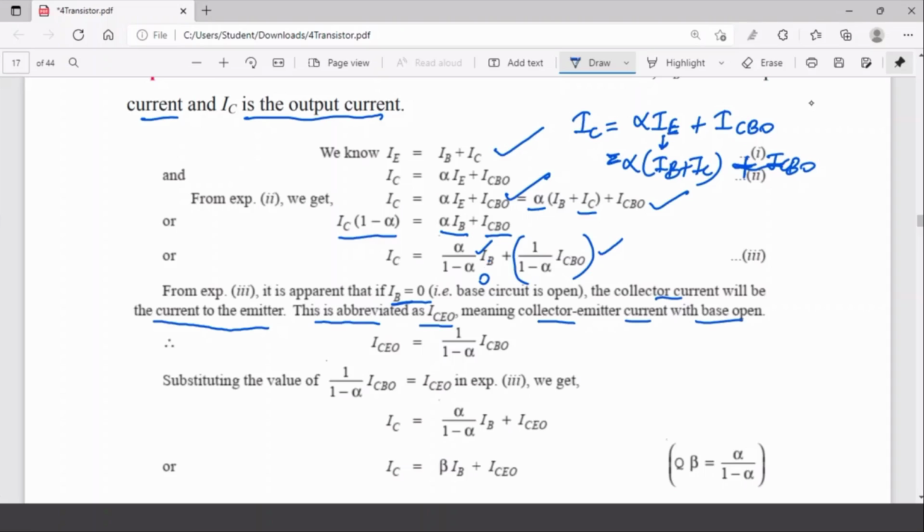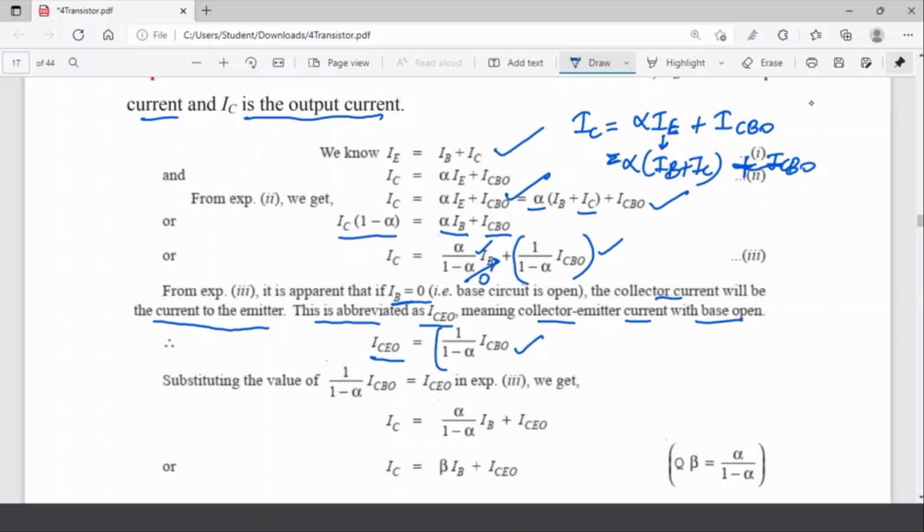Then what is the current now flowing? This collector current will be only because of this reverse leakage current, right? And that current is actually abbreviated as ICEO, meaning collector to emitter current with base open. That value is 1 by 1 minus alpha into ICBO, this quantity which I have put in brackets.